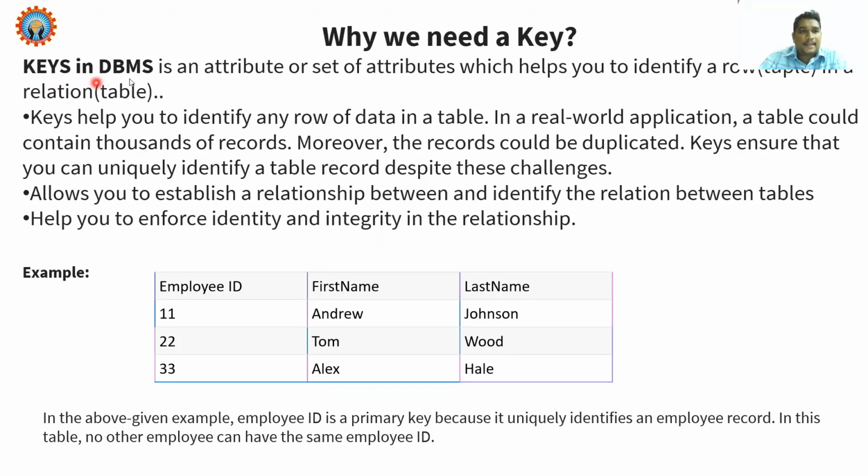Keys in DBMS are an attribute or set of attributes which help you to identify a tuple in a relation. We implement these keys on attributes so that we can easily identify a tuple.